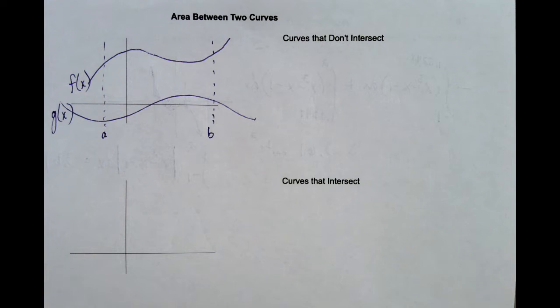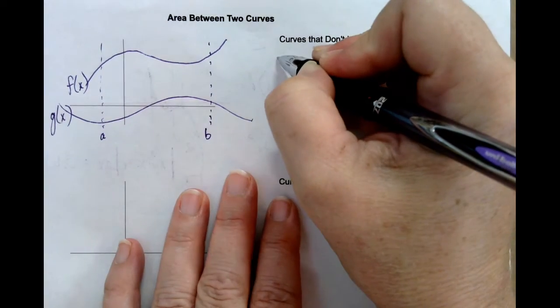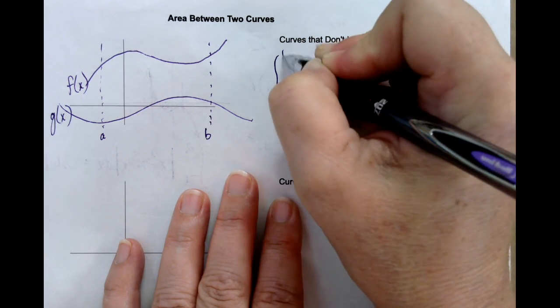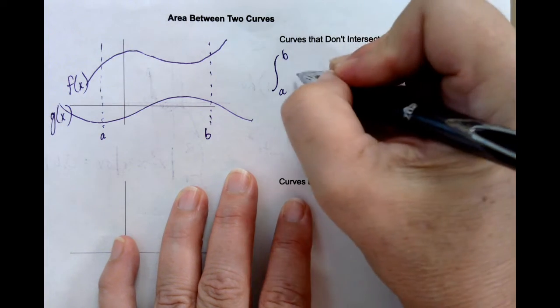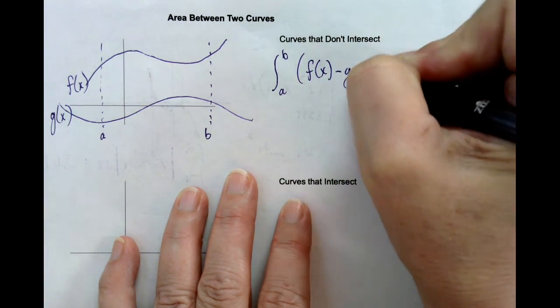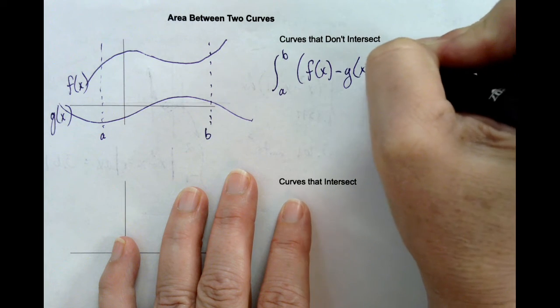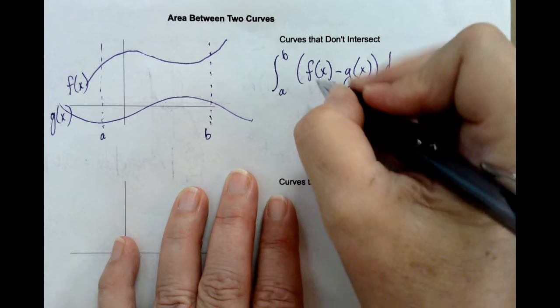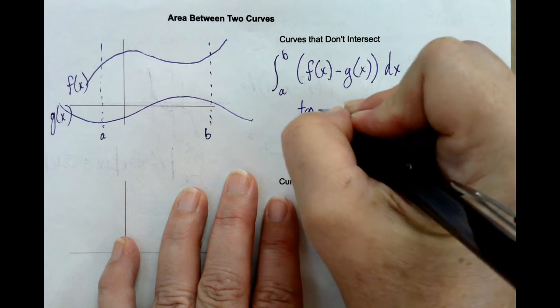It's as easy as this. You do the integral from A to B of f of x minus g of x. The top minus the bottom.